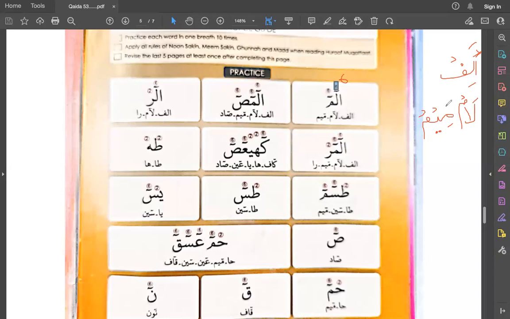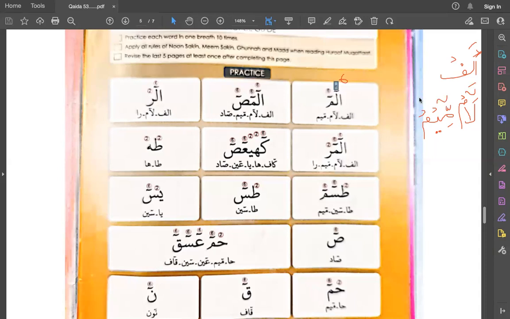So how will it be? In short, you will give tashdid at the end. So you should know what we are doing. La. The gunna will be kamil here. So you will give sufficient time, and then mim, alif, lam, mim.